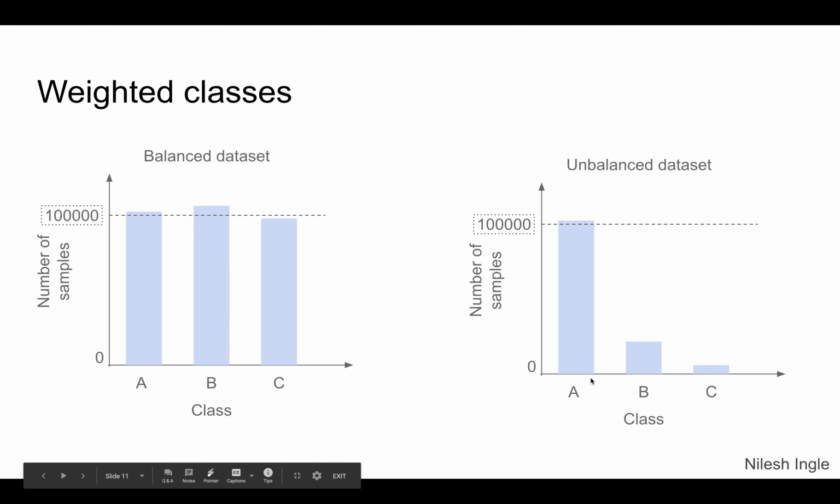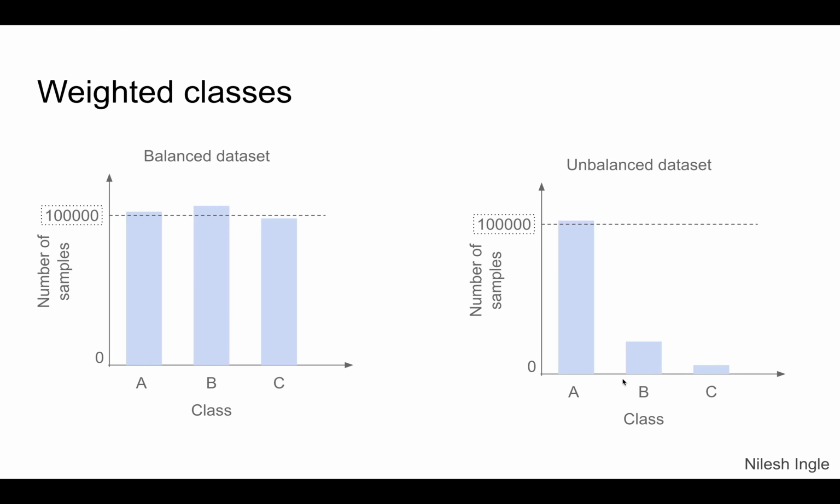So, for example, the classes B and C may have very few records as compared to class A. In such instances, the SGD is able to handle such data sets by adding weights to the classes so that this skew in the size of each of the classes can be compensated.